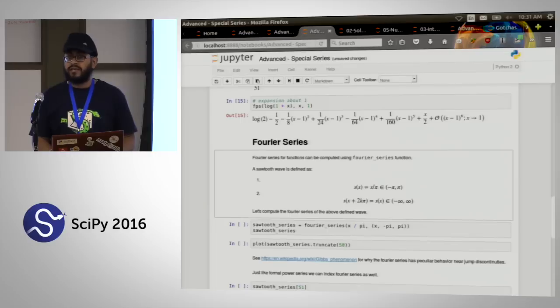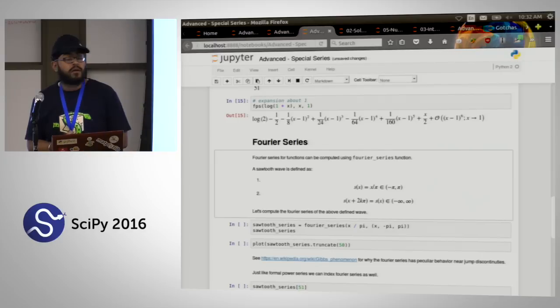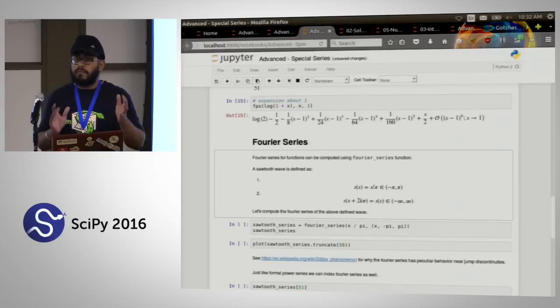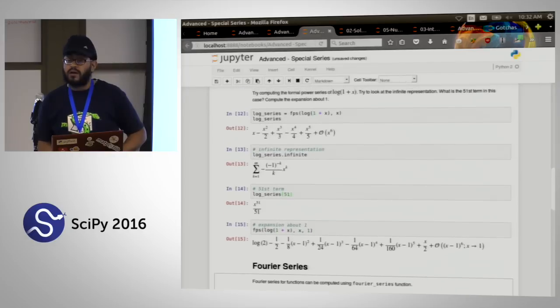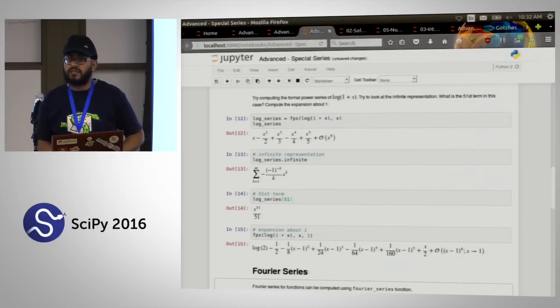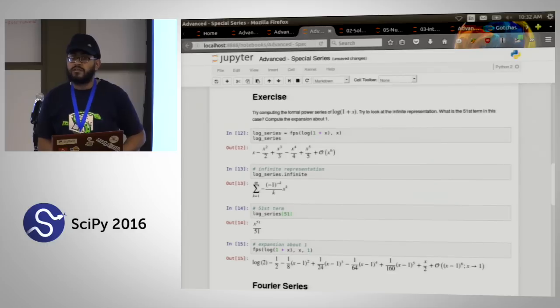Are you allowed to use the substitute? Yeah, you are allowed to use that, but in general, the mathematical definition of formal power series doesn't guarantee the convergence conditions. In this case, it will converge. As you can see, this is just similar to a Taylor expansion of log series and exp series, but for other functions, formal power series will not do that. It's just an infinite representation as a polynomial.